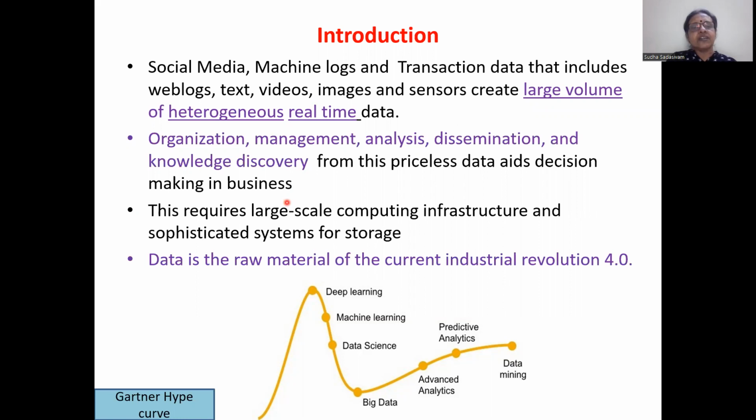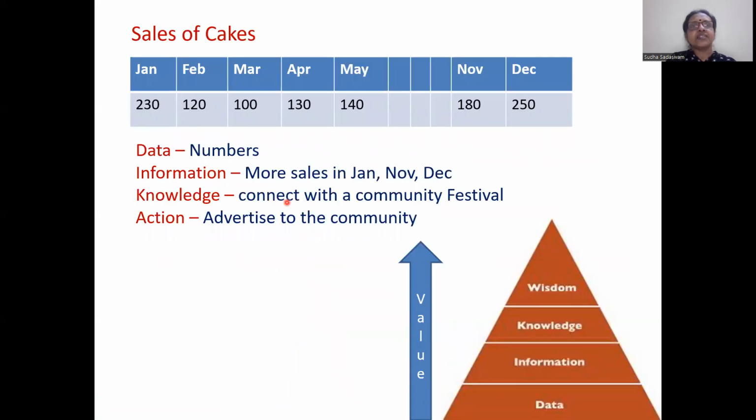We all know that data is the raw material for the current industrial generation, namely the 4.0 generation. Let us consider as an example the sales of cake over the various months of the year, from January to December, as shown in this table. Basically, the knowledge pyramid consists of various elements.